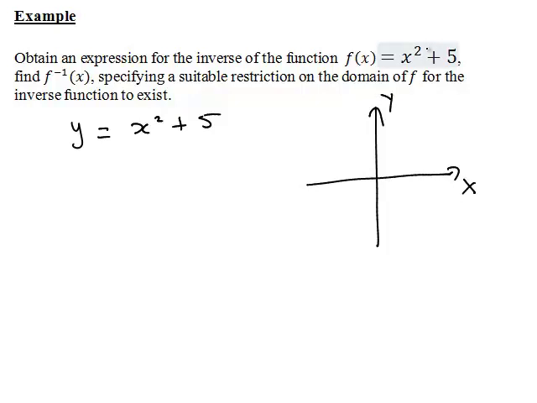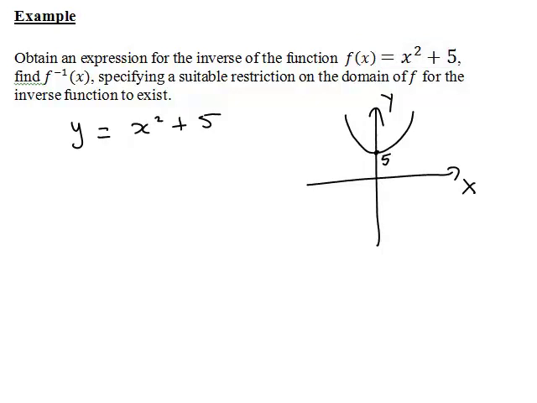This is a quadratic function because of the x squared, so that will have a parabola for the graph. And y equals just x squared would be a parabola pointing upwards with the vertex at the origin. X squared plus 5 means it is a parabola shifted vertically upwards by 5 units, so that it will be a parabola like this with the vertex at 5 on the y-axis.